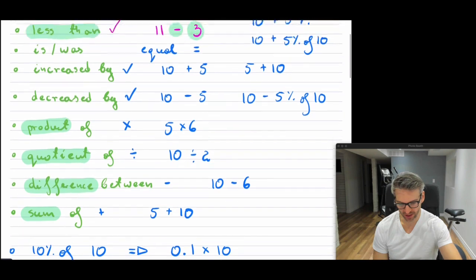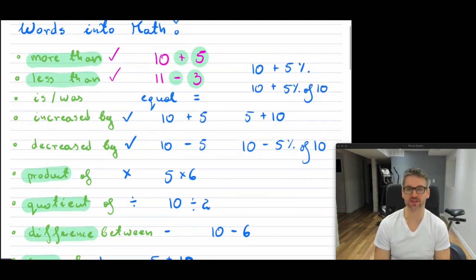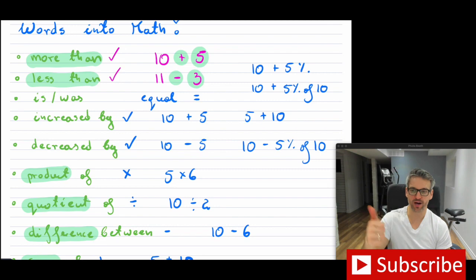It's interesting that students don't run into these as much: more than, less than, increased by, decreased by, and understanding percents of increases or decreases. And then the words product, quotient, difference, sum, and the word is, was. Those are the key things that will pop out at you in certain word problems. Then you have to set up equations, which later you're going to have to solve.